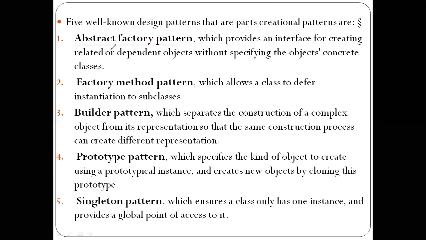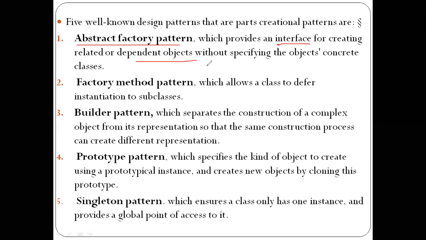By using the abstract factory pattern, we create objects, either related or dependent objects. We provide an interface, so first of all we define one interface class. After that, to interact with the interface, there is a need to create some objects, which may be related or dependent objects, without specifying the objects' concrete classes.